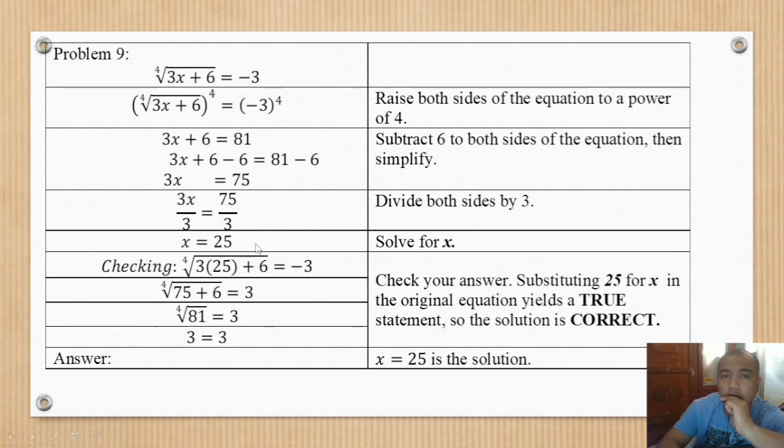Finish na. So let's do the checking. Substitute the value of x, which is 25, in the original equation. Fourth root of 3x plus 6 equals negative 3. 3 times 25 is 75, plus 6, 81. What is the fourth root of 81? 3. Since 3 equals... Oh wait, negative 3. Negative 3 pala yun.